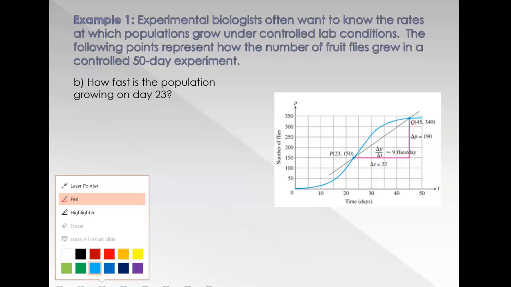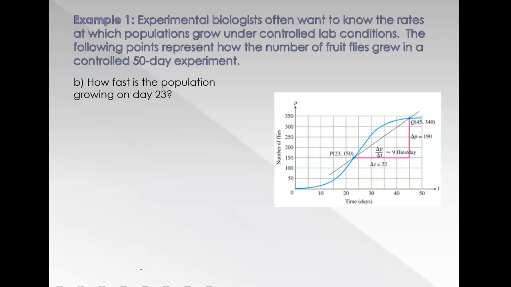So I would, in particular, select maybe 25, because that's 2 to the right. So I'm going to find f of 25 minus f of 23 over 25 minus 23.